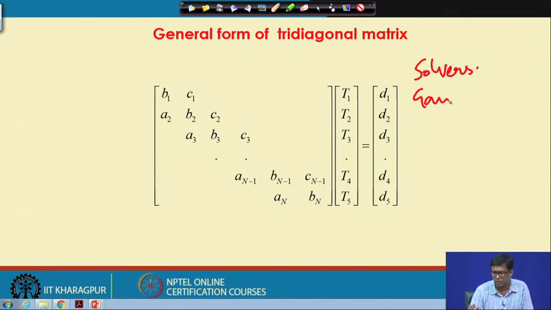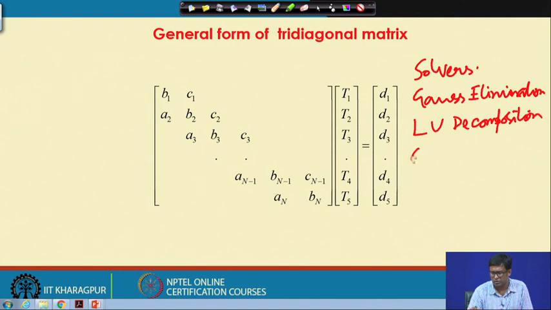One is Gauss elimination, one is LU decomposition, and the other is Gauss-Jordan.